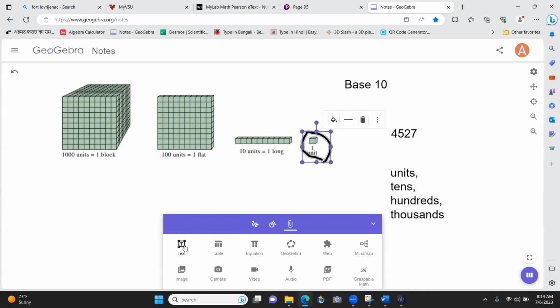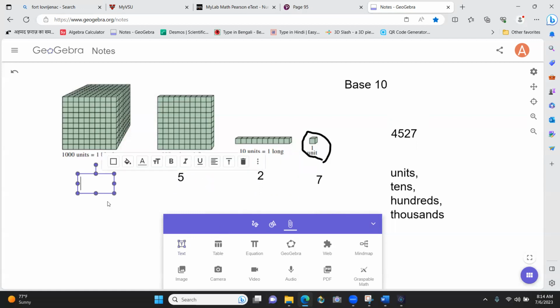How many of these? Well, that's easy. This tells me I have 7 ones. Sometimes we say longs, 2 longs, 2 times 10, and 5, they're calling it 5 flats. And the last one is called a block, and I have 4 blocks.